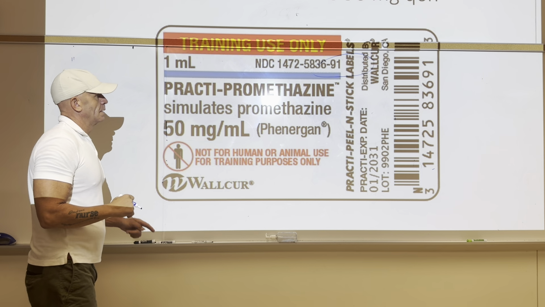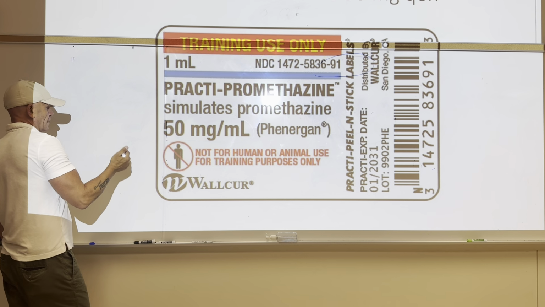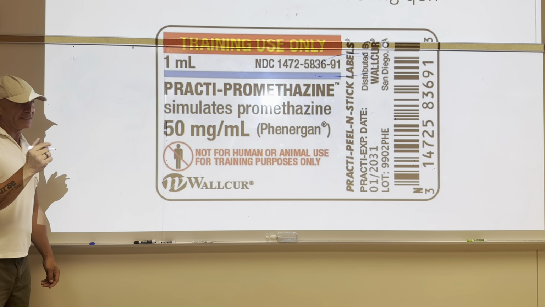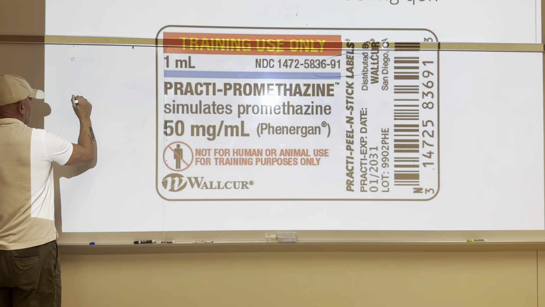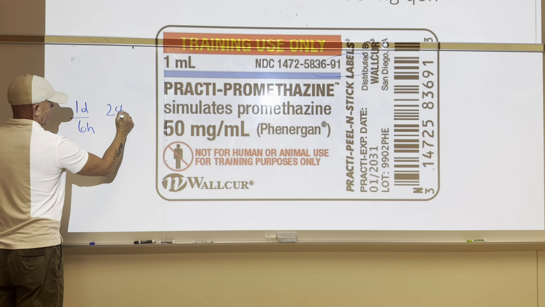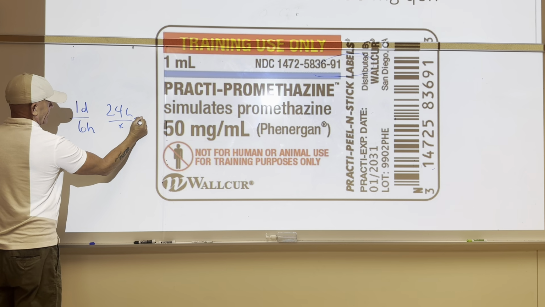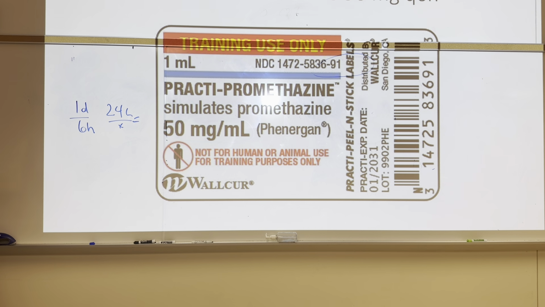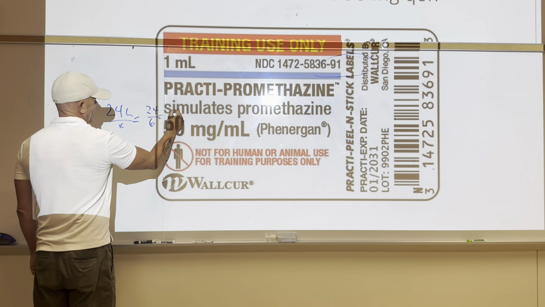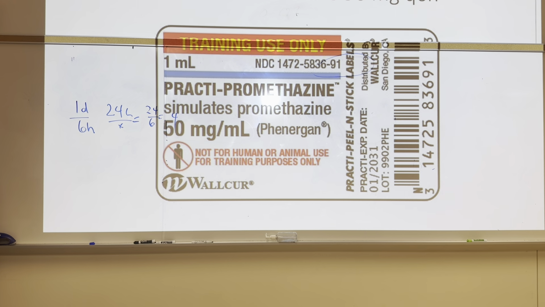Now, if you also want to figure out how many doses that is, you go 1 dose every 6 hours. There's 24 hours in a day, X. So 24 divided by 6 equals 4. That's how you do it. Okay?